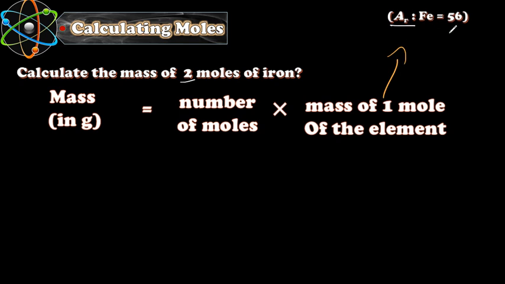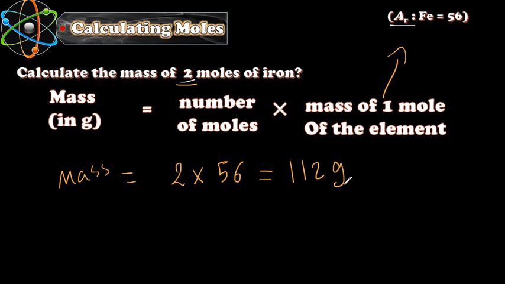So mass of iron equals number of moles, here we have 2, times the relative atomic mass, here 56. This equals 112 grams because we are looking at mass. So do not forget the gram.